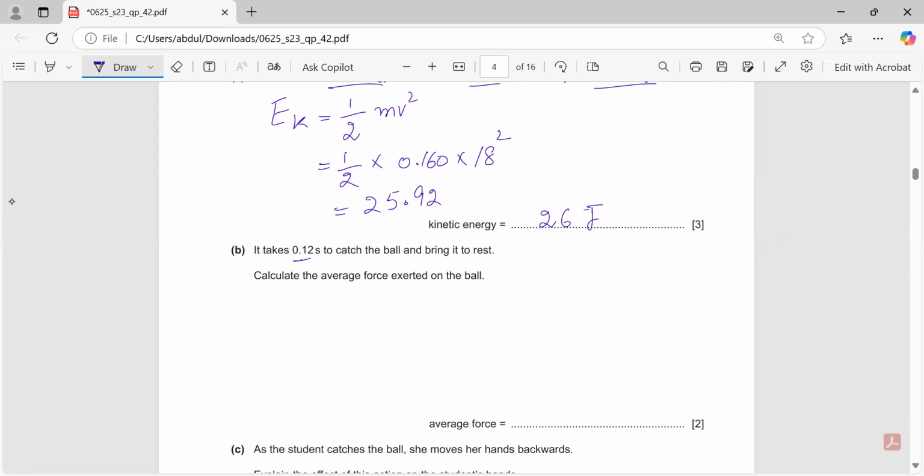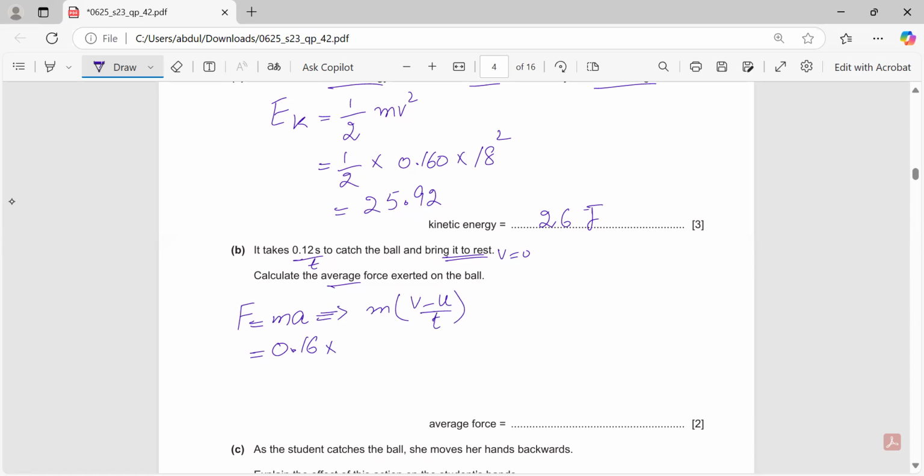It takes 0.12 seconds to catch the ball and bring it to rest. So it means its final velocity is 0. Calculate the average force exerted on the ball. For this purpose, Newton's second law of motion, F is equal to ma. m is the mass, which is already given, 0.16, and we can also write the acceleration as v minus u over t.